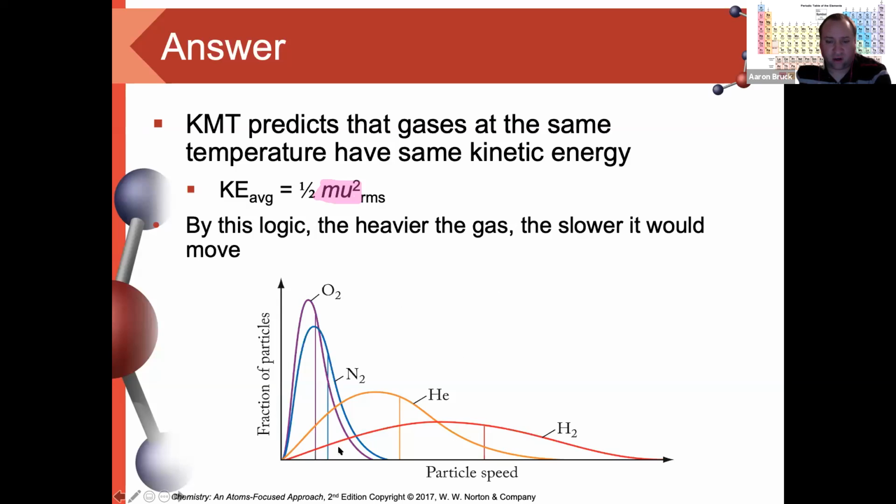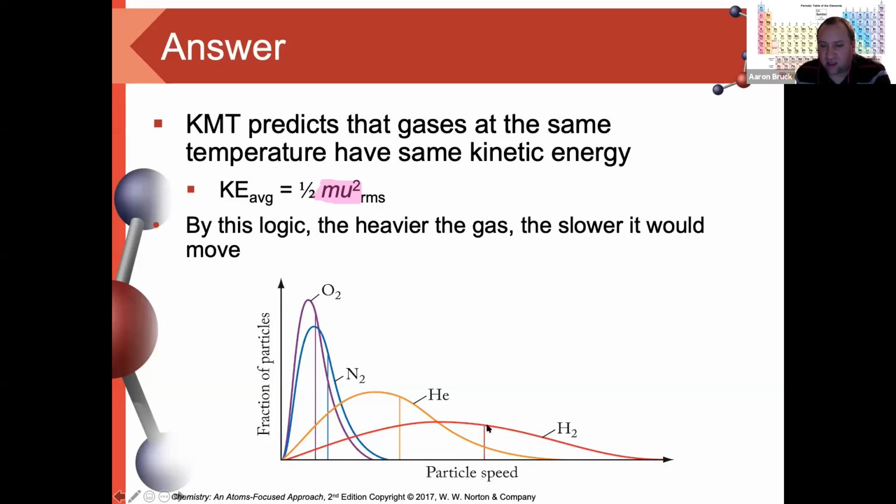This graph here shows the average particle speed for a number of different samples of gas. And so what we have here is a distribution. So the red distribution here, this is all of the different particle speeds that a sample of hydrogen can have at a given temperature. The red line, and each one of these has a line, is the average root mean square velocity for that particular gas.